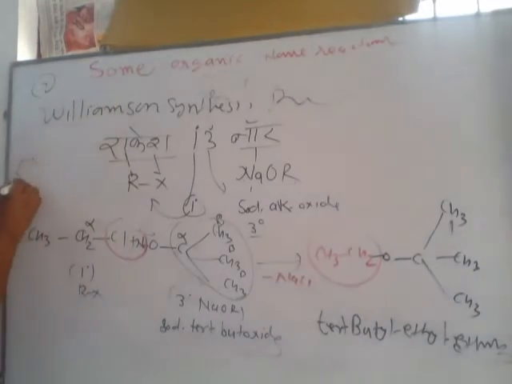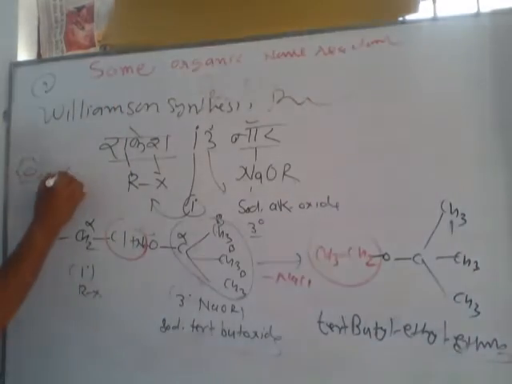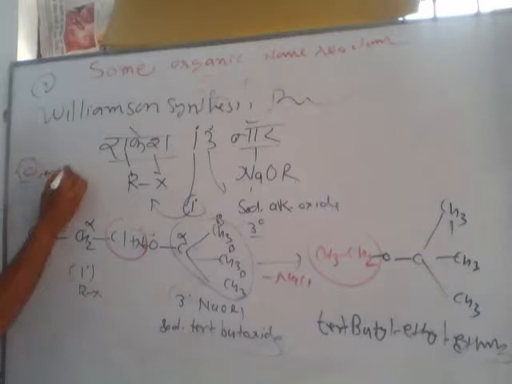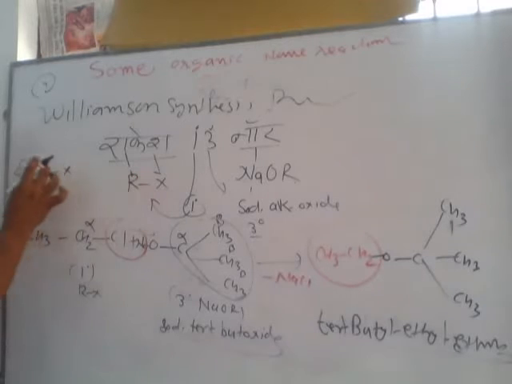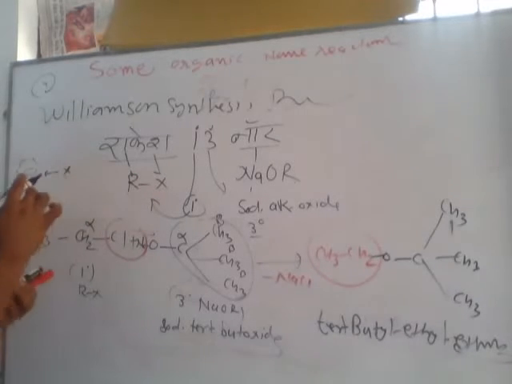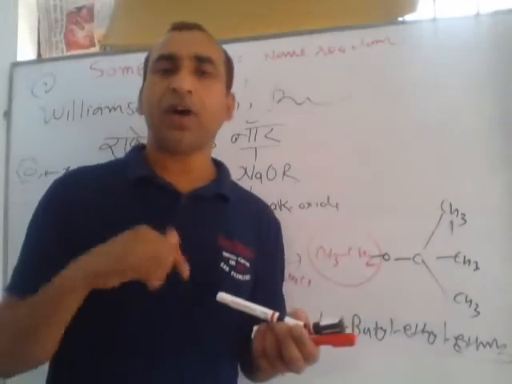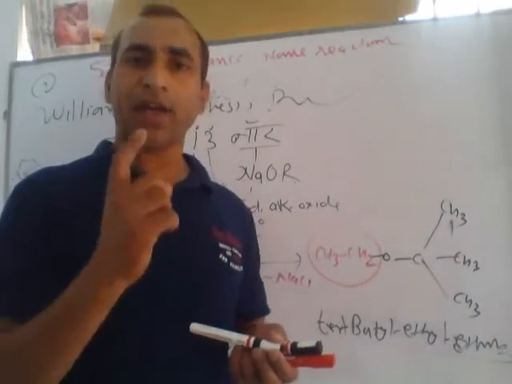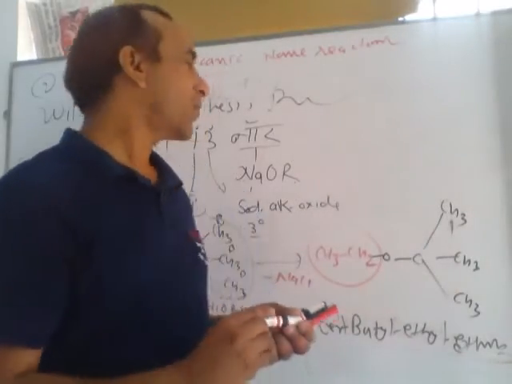This type of compound is called a haloalkane. In haloalkane, the bond between this carbon and this X is very strong, so we can't use an aromatic compound instead of RX. We should take RX, an alkyl halide, and the alkyl halide should be primary.